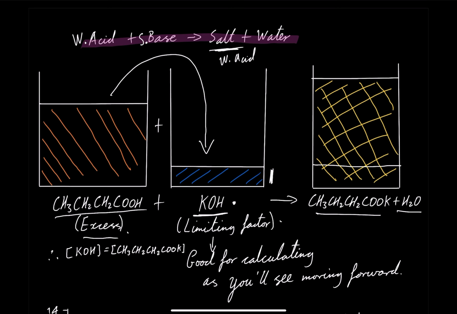Really, what we have in this solution here is potassium butanoate plus some water, plus, really it's not really water. What we actually have left over is our butanoic acid. Hopefully you understood why I'm saying there's still some butanoic acid left over.